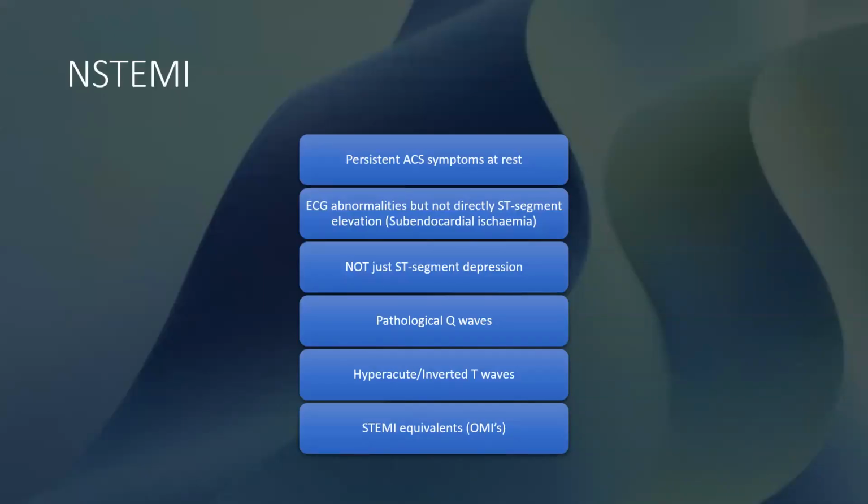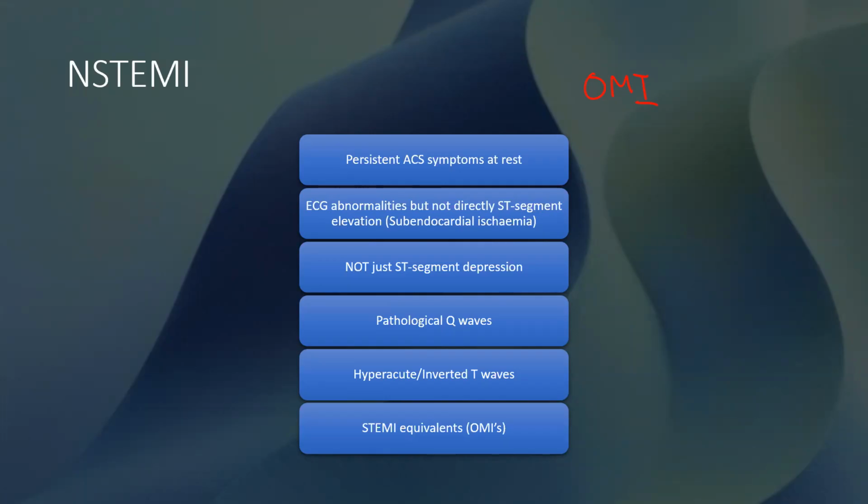Your NSTEMI, like your STEMI, has the same thing: persistent ACS symptoms at rest. You have ECG abnormalities, and I often like to say your OMI signs as well, but they are not directly ST elevation. Because the ST segment isn't necessarily elevated, it's not going to meet your STEMI criteria.